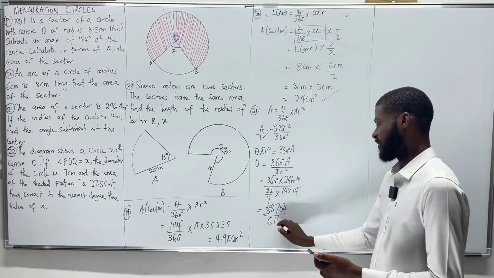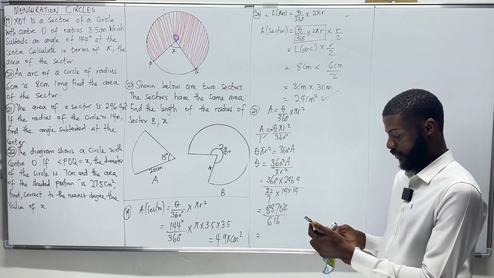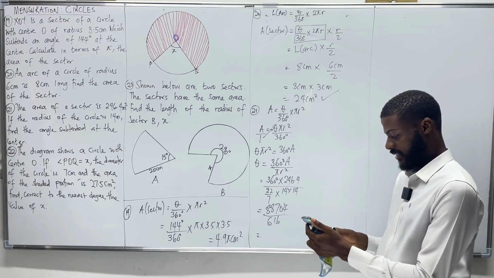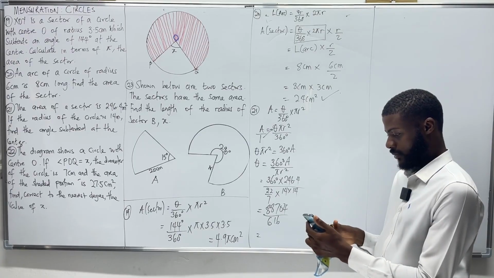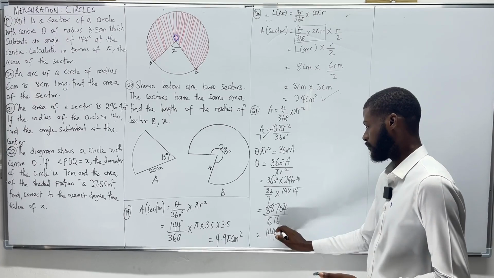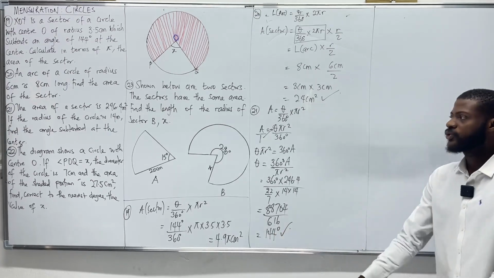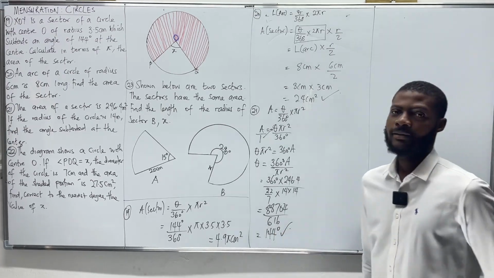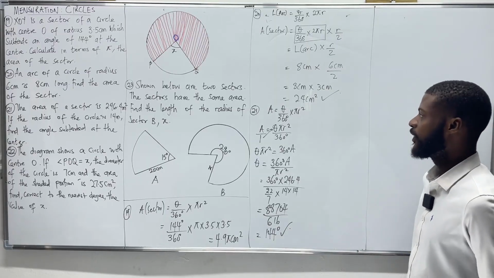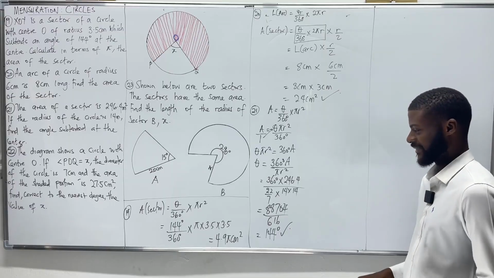So this will be 616. So I then have to divide these two together. 88,704 divided by 616 is 144. So that will be the angle subtended at the center. That would be the angle. Okay, so that's all we have.